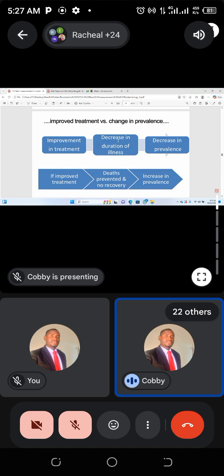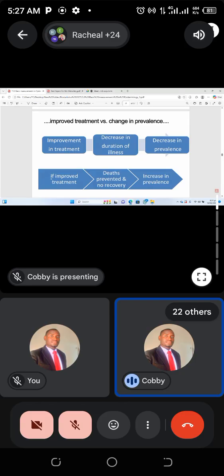When we have a decrease in duration of illness, what happens to the prevalence? The prevalence is going to decrease as well, because those people who recover will no longer be counted as part of the prevalence. So people will be recovering fast and will be removed from the prevalence.